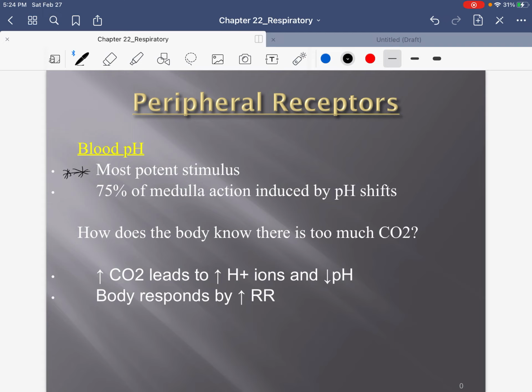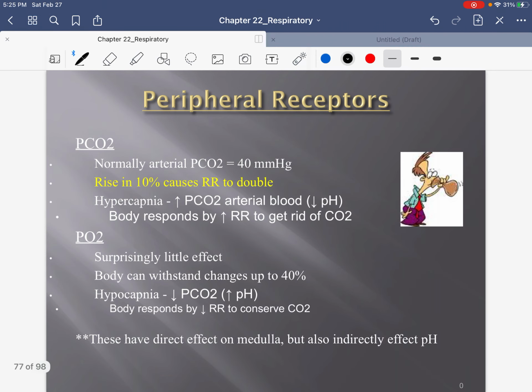Remember I said that if your blood CO2 levels go up by 10%, your respiratory rate will be doubled. And that action will be led by the medulla. There you go, right? A rise in CO2 of 10% causes our respiratory rate to double.